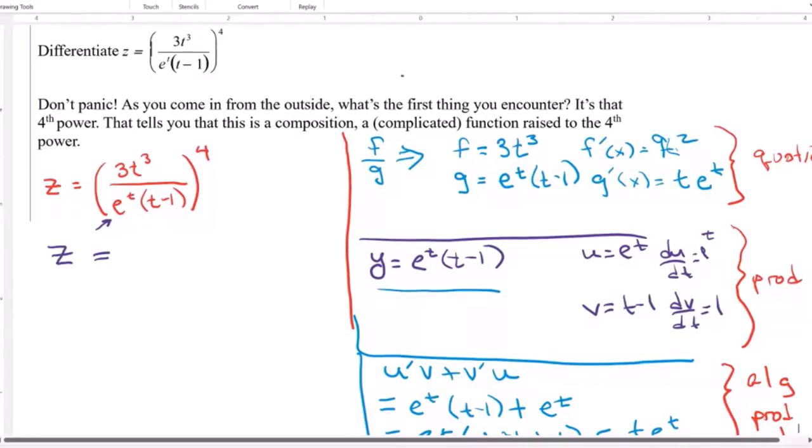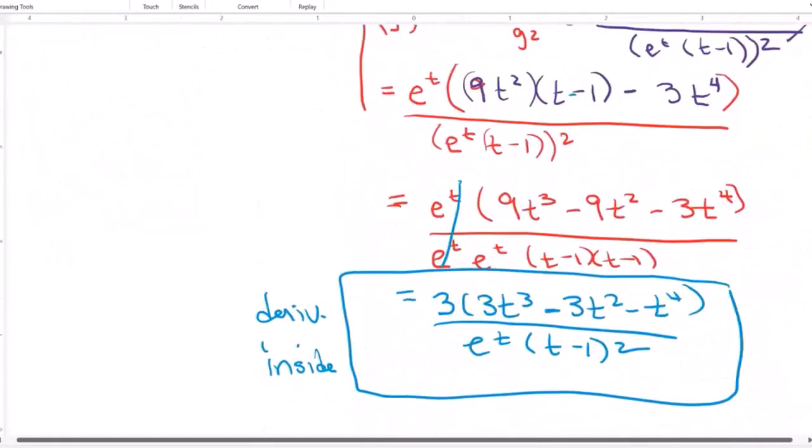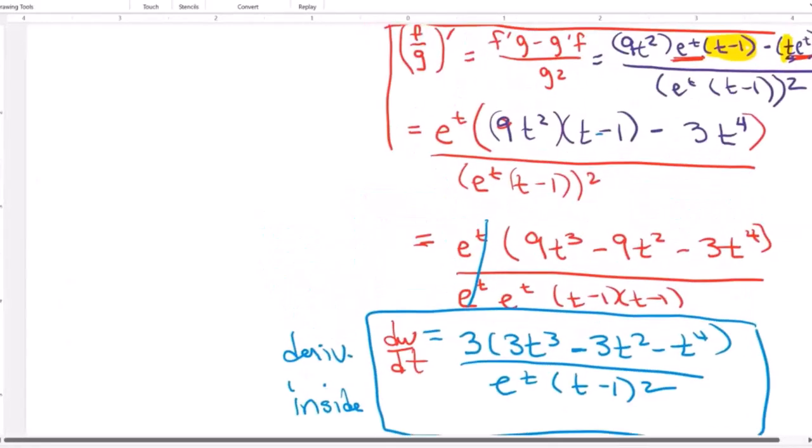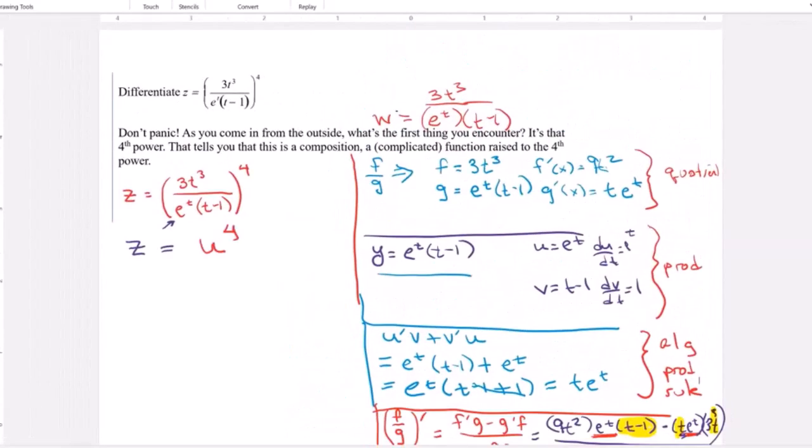So let's say W is equal to 3t to the third over e to the t times t minus 1. All right. And we know that at the bottom here, we actually have dw dt, because we found all the derivatives of everything on the inside function. So w to the fourth power.